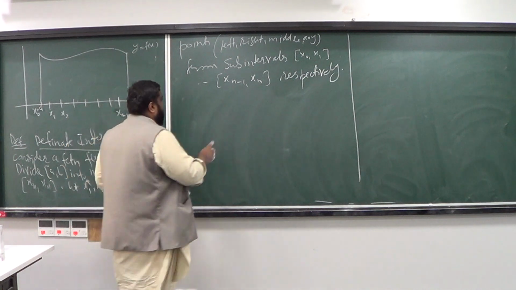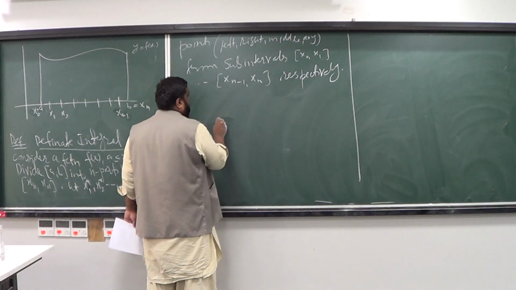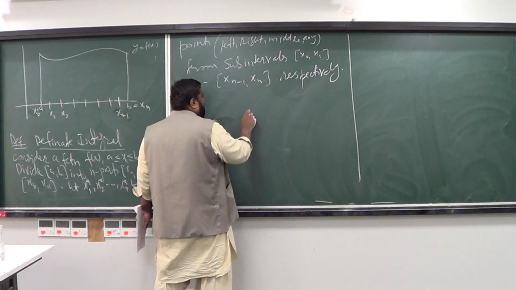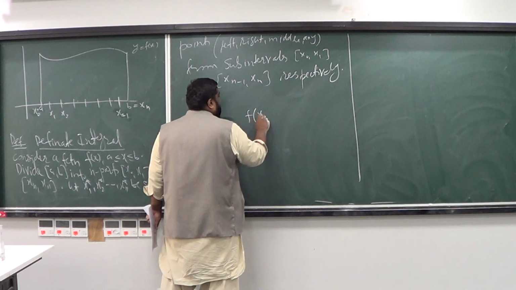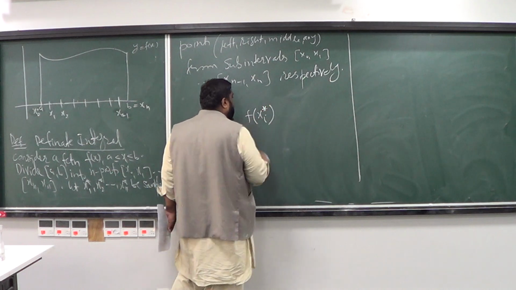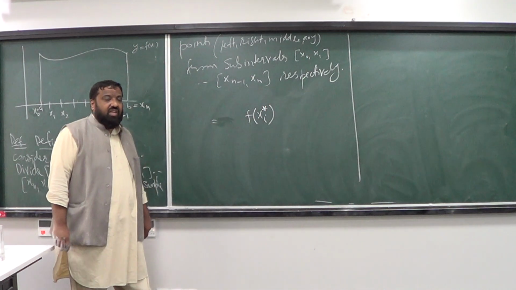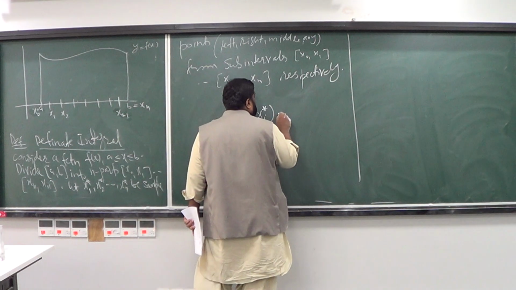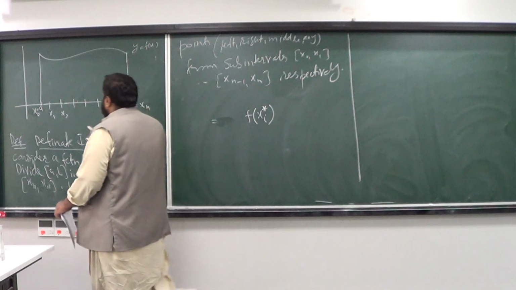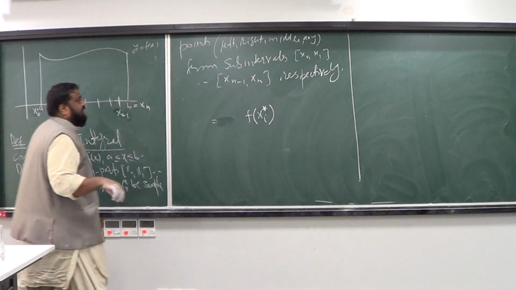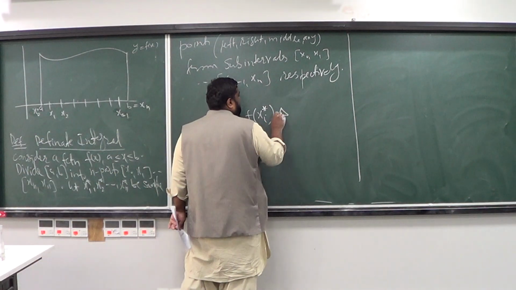Then calculate the value, the height of the function at each of the sample points, and multiply it with the size of the subinterval, delta x.